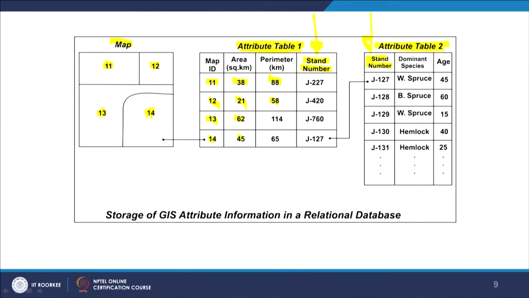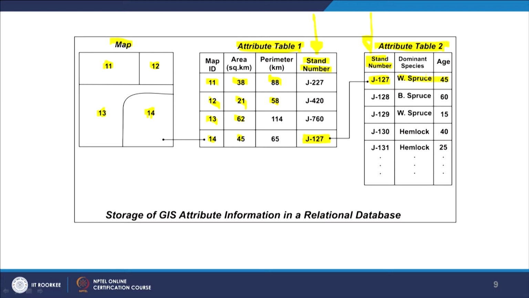Like here, what has been done is that unit 14 is the only one out of these 4 polygons where I have J127. The stand numbers of the other top 3 are not matching, except this one. So now this is related, and I can enrich my table by relating this data, or I can keep it separate, but still it is related.